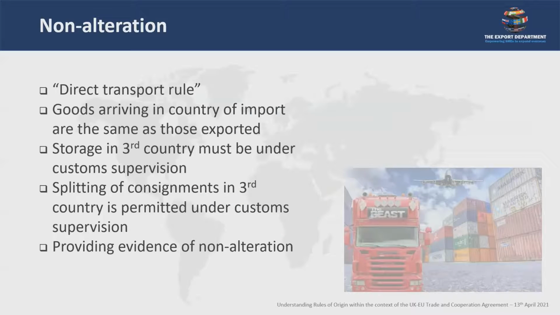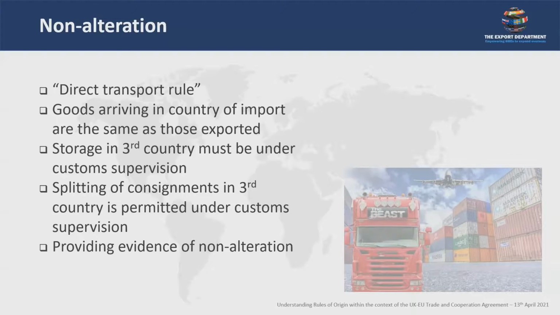I wanted to talk about non-alteration because, as I said before, the goods may be stopping over in a third country that isn't party to the EU. And I can't really think of an example of that actually, where they would be routed, but just say they were, under a trade and cooperation agreement.